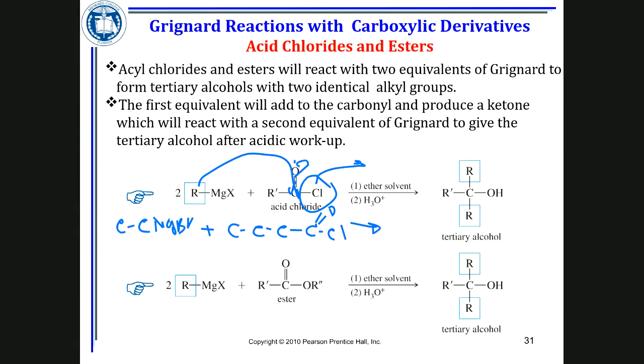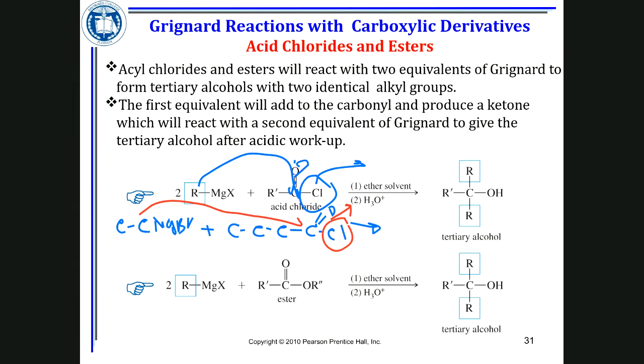What would be the first product? When the nucleophile attacks this carbonyl group, the leaving group is going to leave. So you are going to end up with 2 carbons here and a carbon, and your product is going to be a ketone.